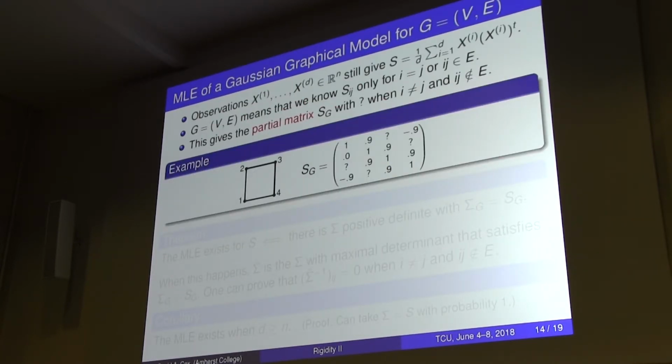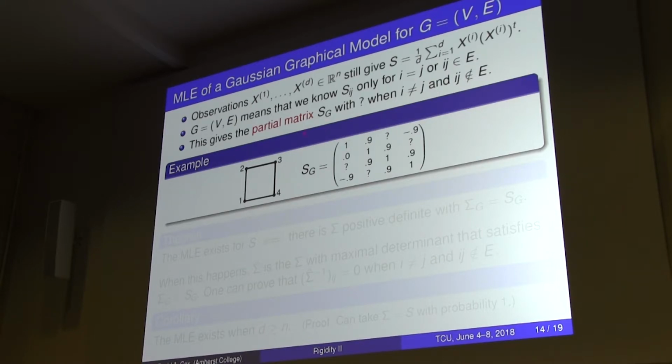The way I'm going to think about this is, when I'm in my Gaussian graphical model, my observations still give me the sample covariance matrix. Very crudely speaking, I really only know what's going on on the main diagonal and on the edges of the graph. So you have a partial matrix, and that's the part you really care about.